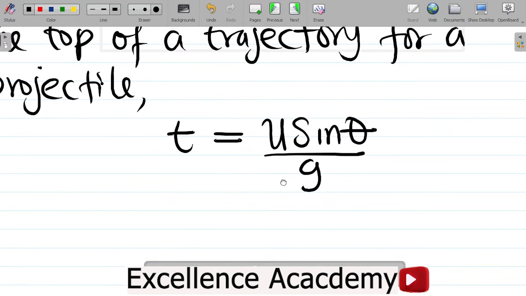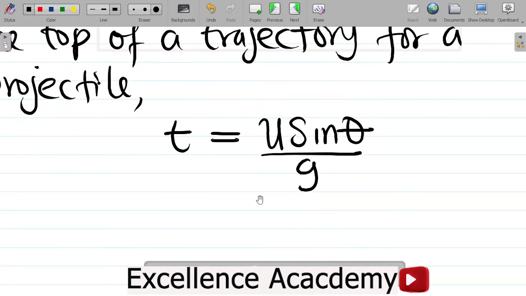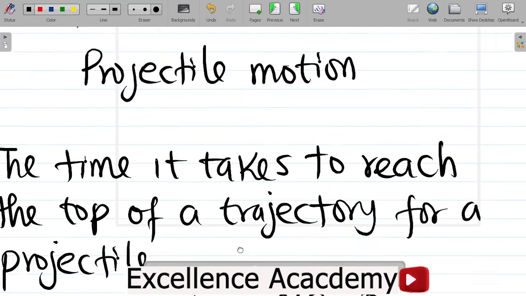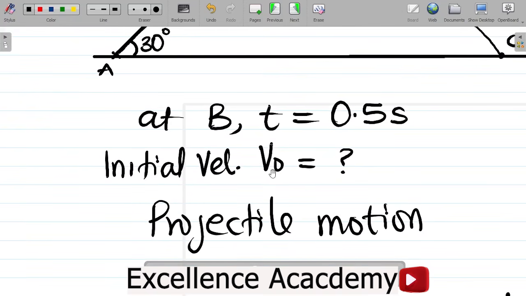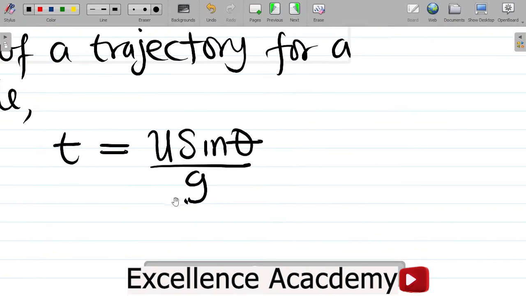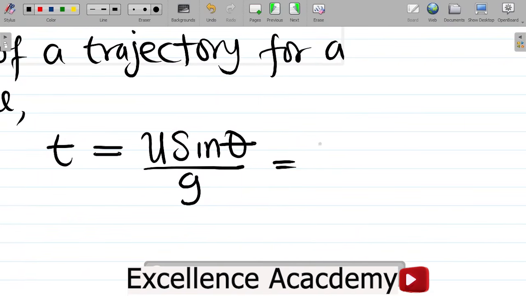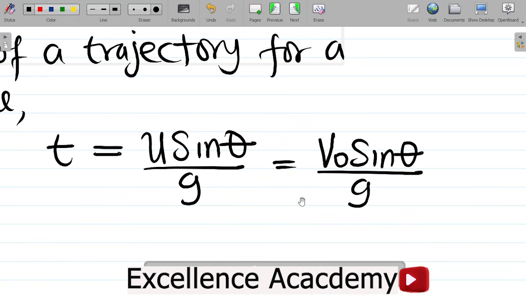Again, we've discussed this in our previous class, where u is the initial velocity. In this case, they called the initial velocity v naught. That means for this particular question, I'll write this as V naught sine theta all over g.